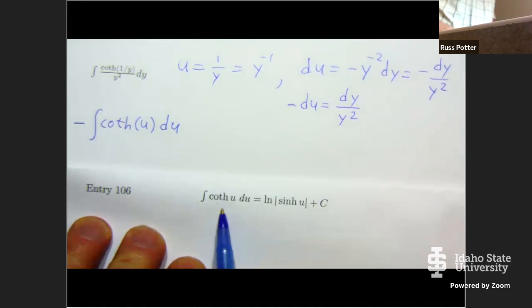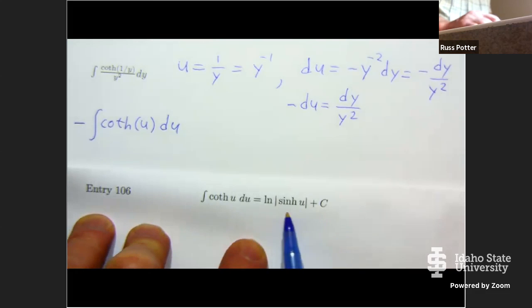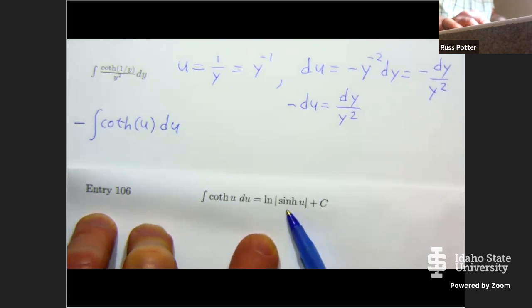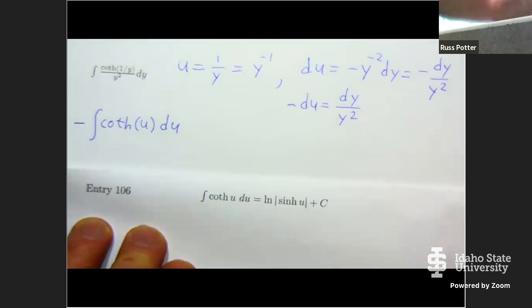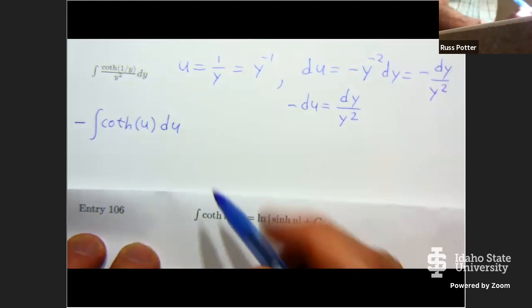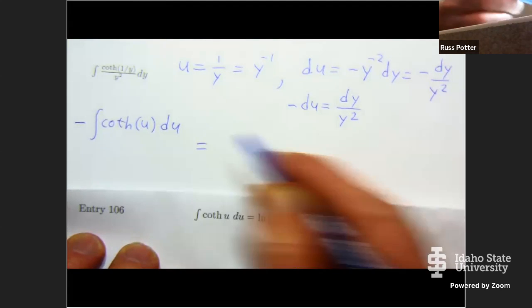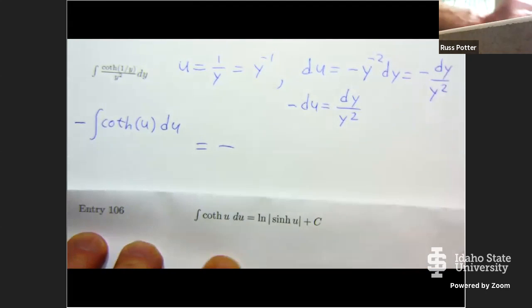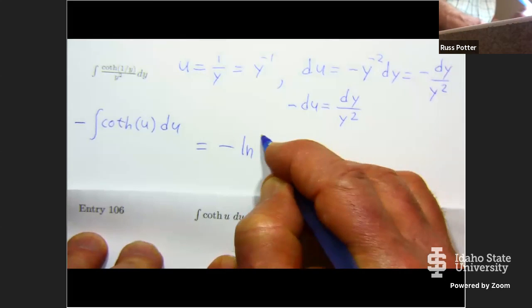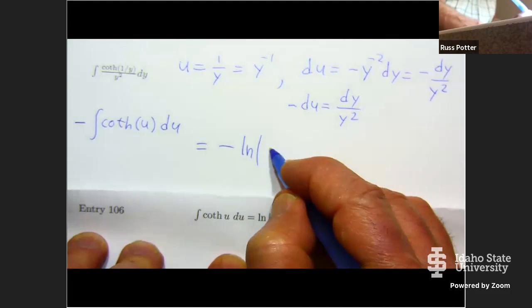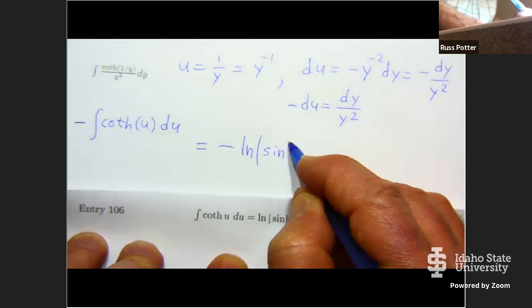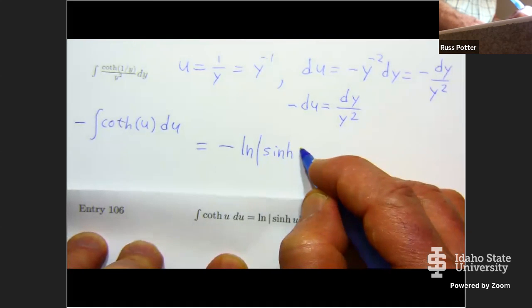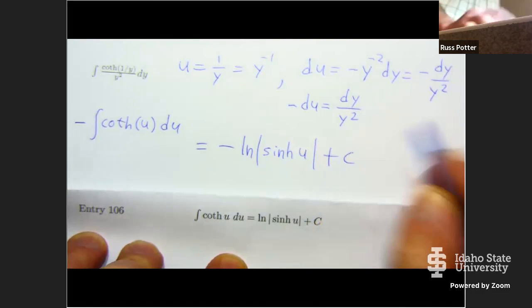Now the indefinite integral of the hyperbolic cotangent of u du is the natural log of the absolute value of hyperbolic sine of u. So our answer then is negative natural log of the absolute value of hyperbolic sine of u plus a constant.